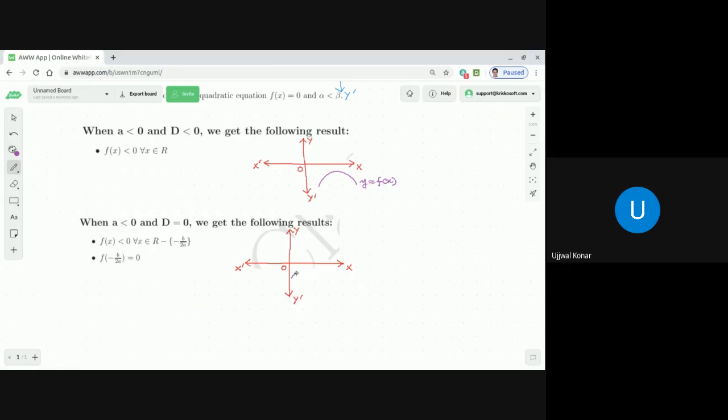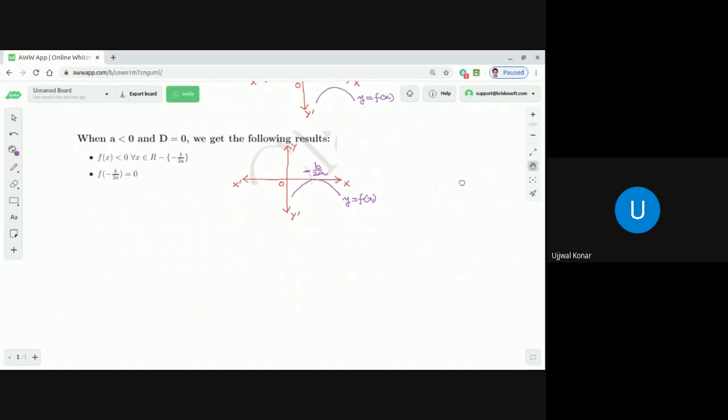I draw it properly. So if you see, this curve y equal to f(x) is less than 0 for all real numbers except minus b by 2a. Any issue at any point, please feel free to ask me.